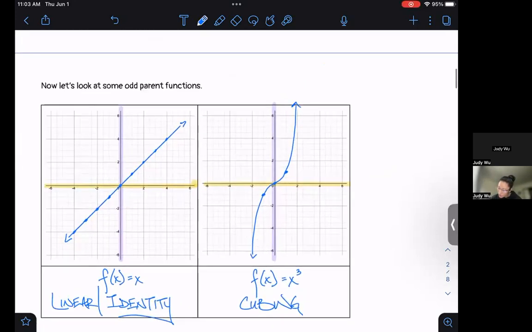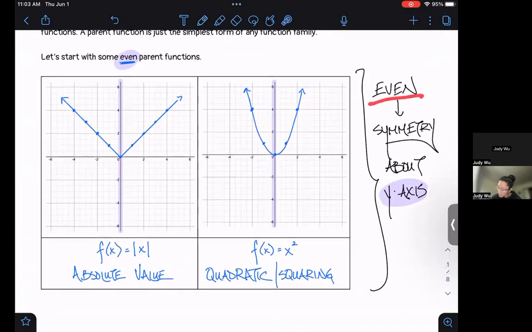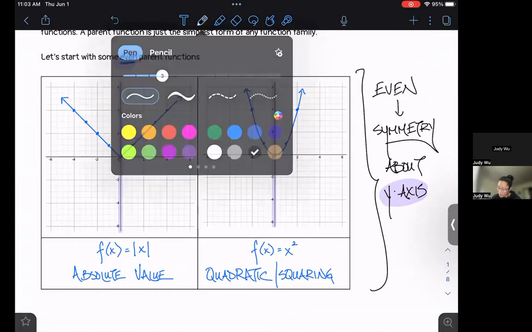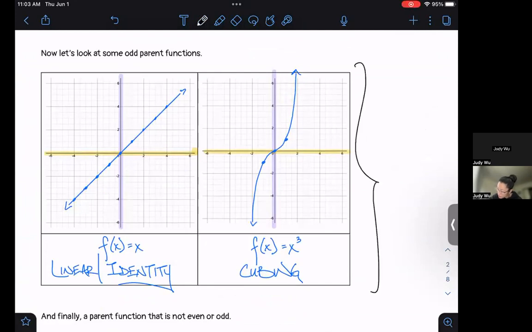Now, just like above, where we wrote a little note that even means symmetry about the y-axis, let's write ourselves a little note here for the odd parent functions. These are odd functions, and they have symmetry about the origin.